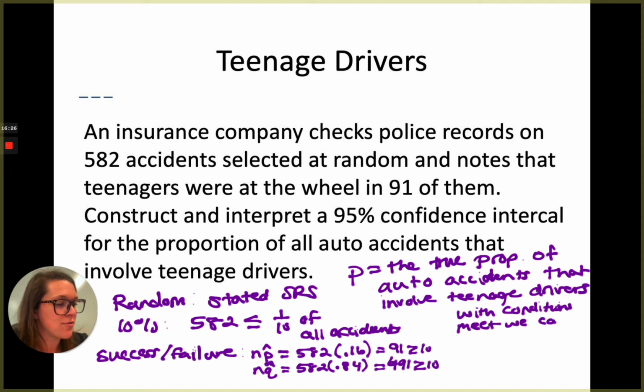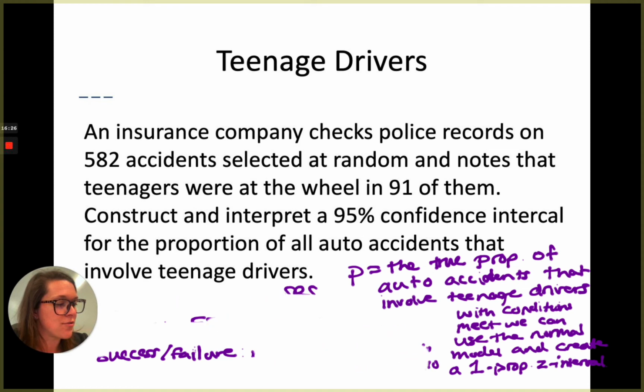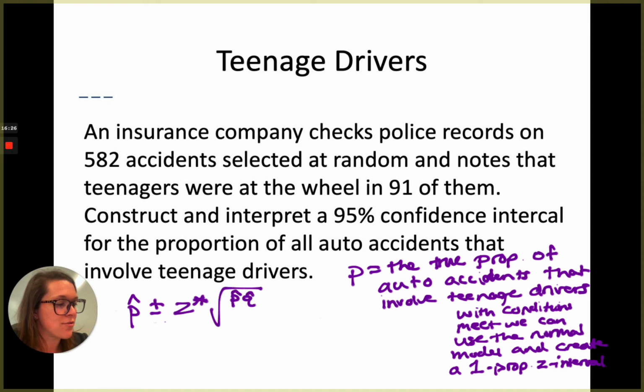we can use the normal model and create a 1 proportion Z interval. Okay. All right, so let's go over here and do it. If you haven't started doing it in your calculator yet, start doing that. So p-hat plus or minus z-crit times the square root of p-hat q-hat over n.